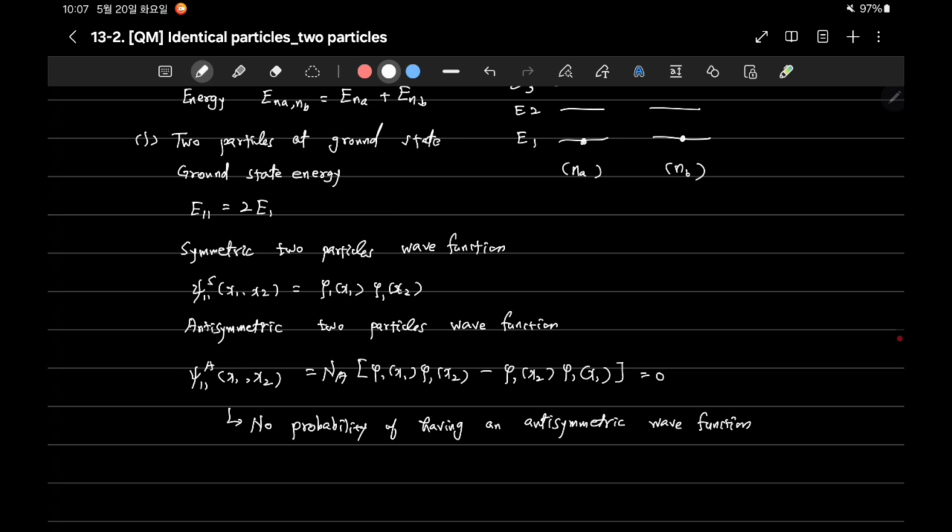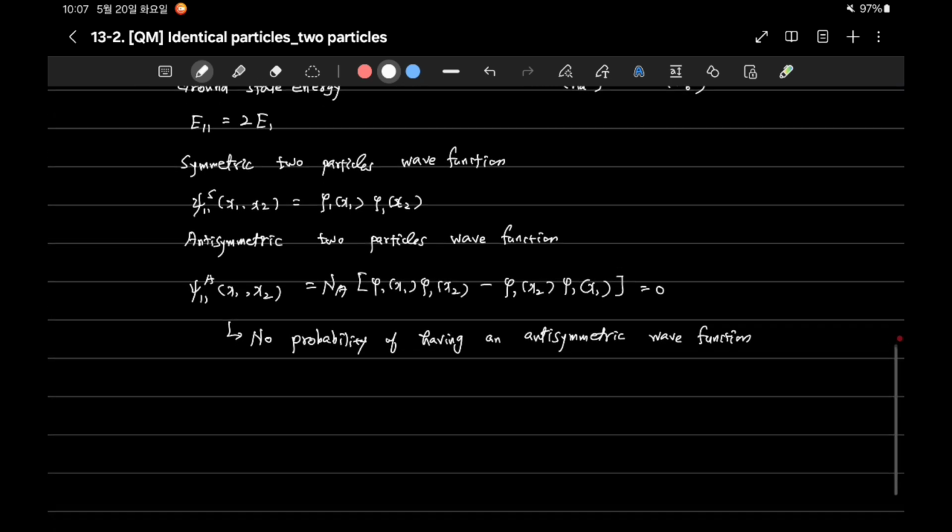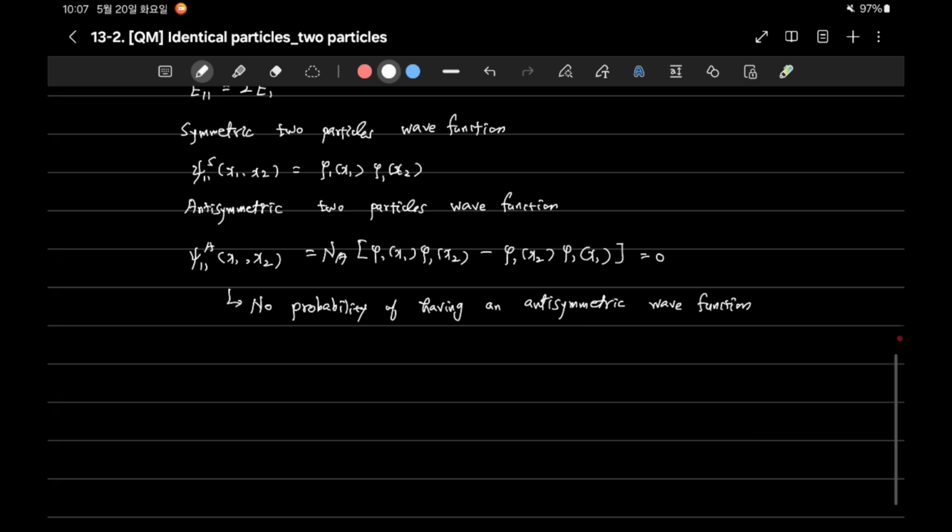In this case, we do not consider spin, but in general we should consider the spin state. For example, for two spin zero bosons, the spin and the corresponding spin magnetic quantum number are 0 and 0.